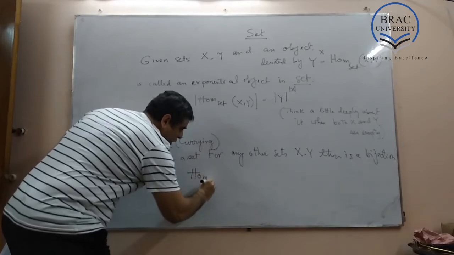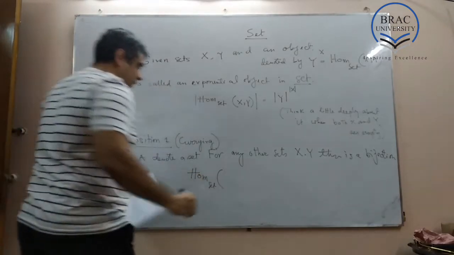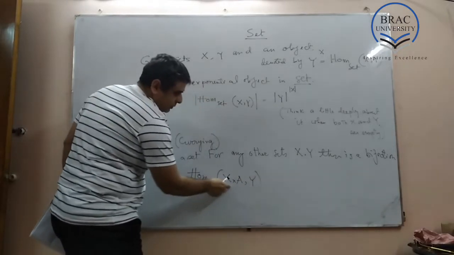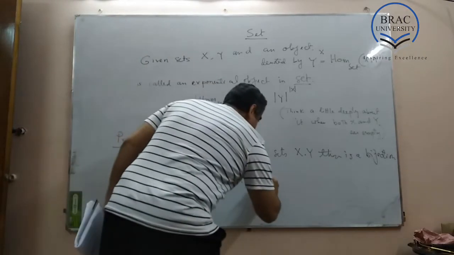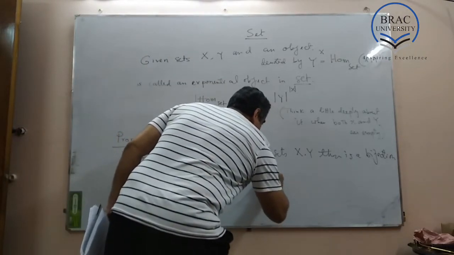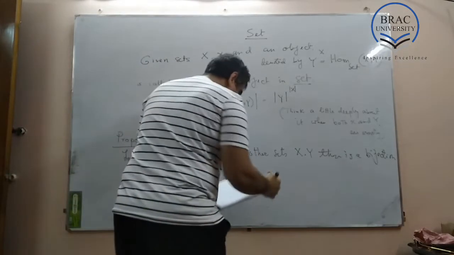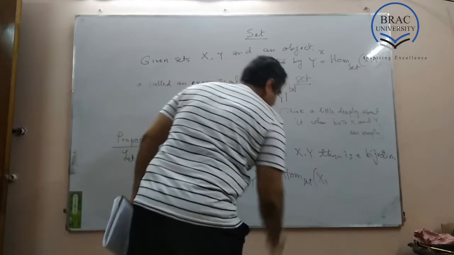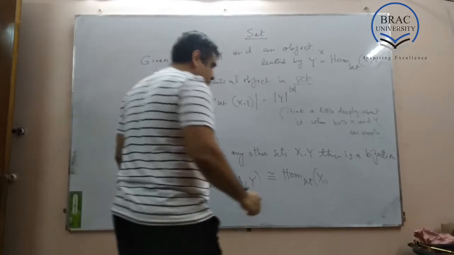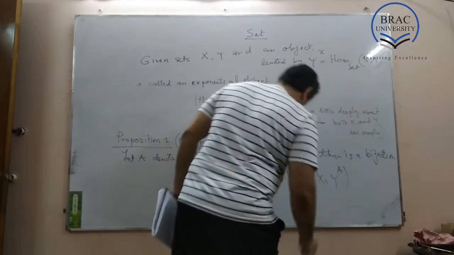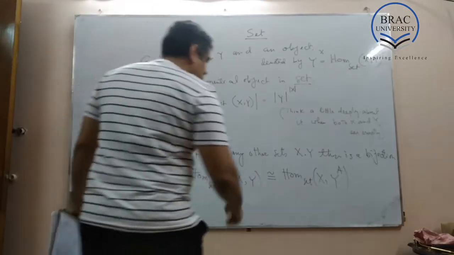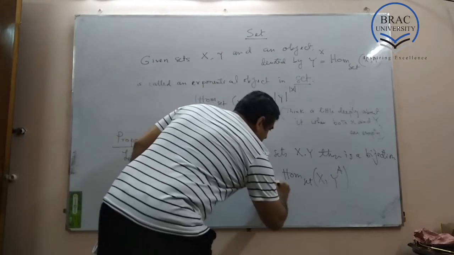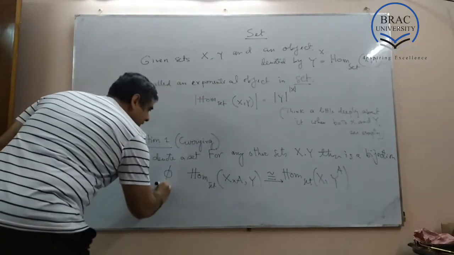I'm writing the sets: Hom_Set(X cross A, Y), where X cross A is the ordinary Cartesian product between these two sets, and they are isomorphic to the latter set, Hom_Set(X, Y to the A). So we need to prove that they are isomorphic, and we claim that this is an isomorphism.